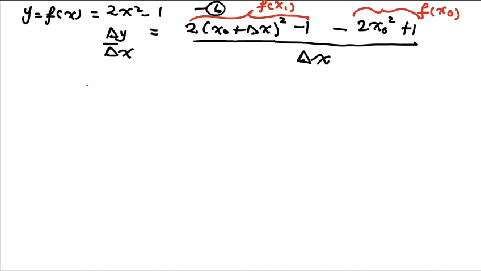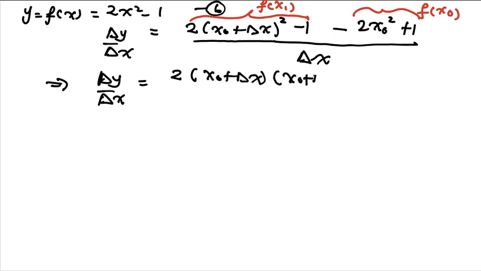So it becomes, let me use a proper color, which is black. So this implies that change in y over change in x can be further expanded as this. 2 times (x0 plus change in x), and then rewrite again (x0 plus change in x) squared, and then minus 1, don't forget, and then minus 2x0 squared plus 1.